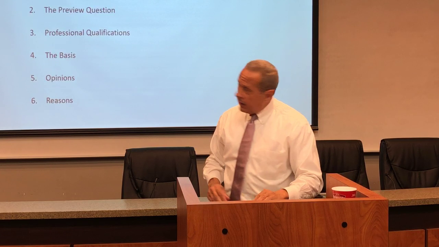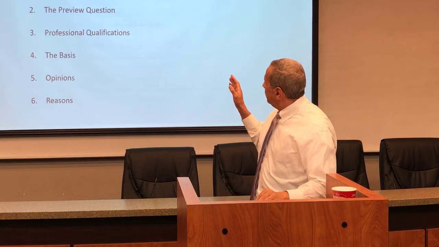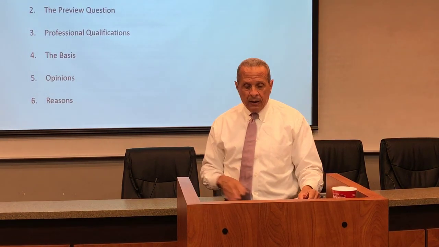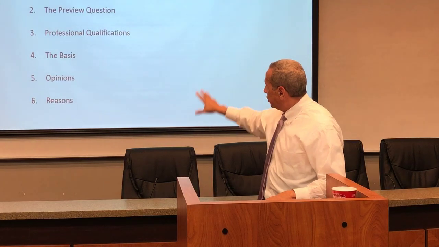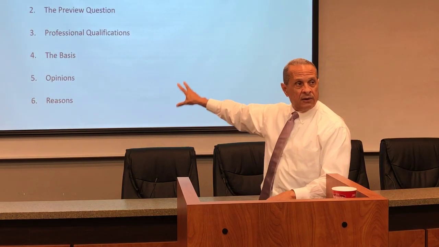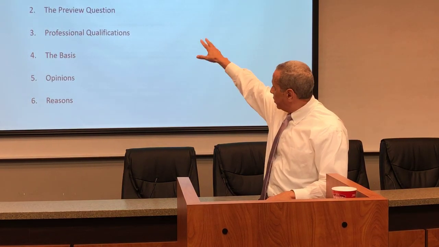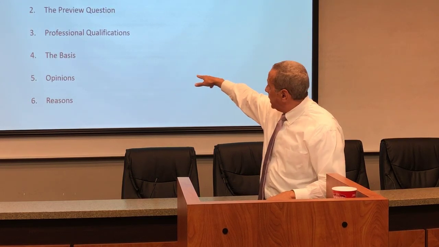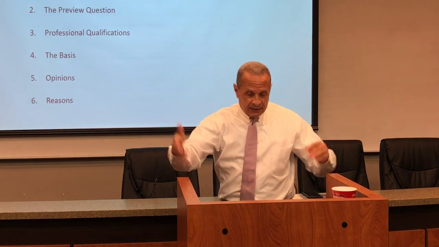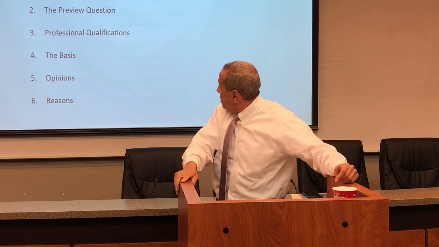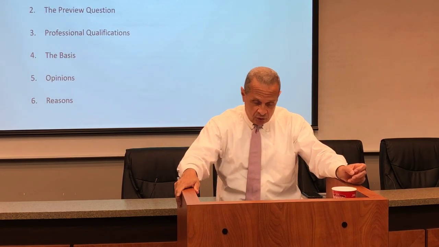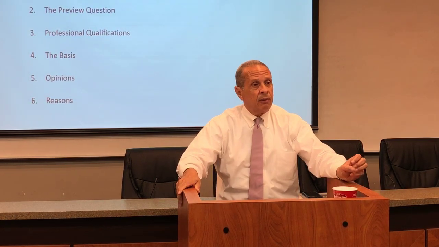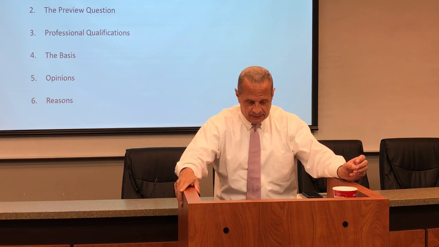So that's it for the professional qualifications block. Now we're getting into the real meat of the testimony, but again, it's important that you set it up properly. And the next step, or the third block here, or fourth block I have up here if you choose to do the personalization block, would be the basis.